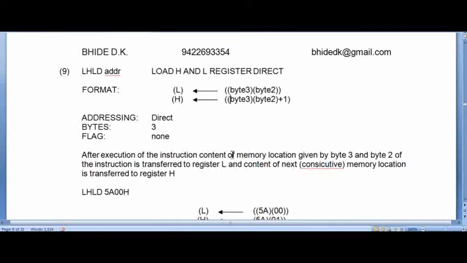After execution of the instruction, the content of the memory location given by byte 2 and byte 3 of the instruction is transferred to register L, and the content of the next memory location is transferred to register H.